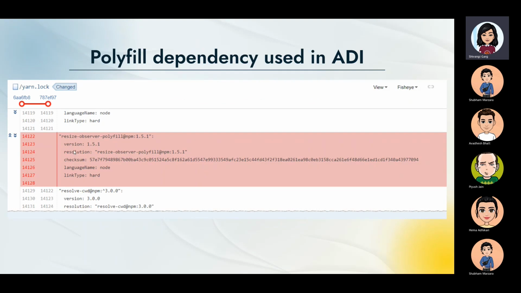In ADI, we were using the dependency resize observer polyfill, which is now removed because Internet Explorer is no longer available. We do not have this dependency anymore, because it was only for Internet Explorer.